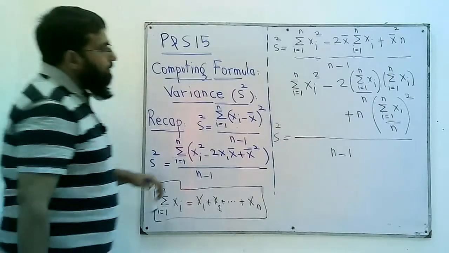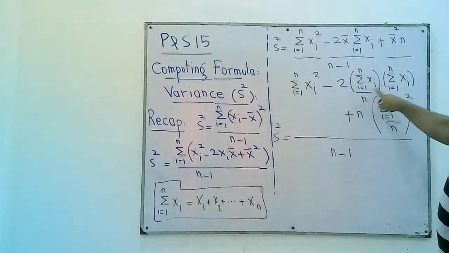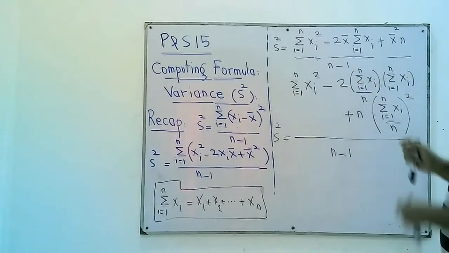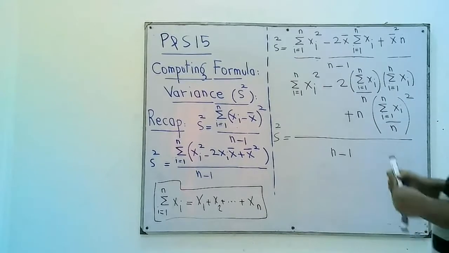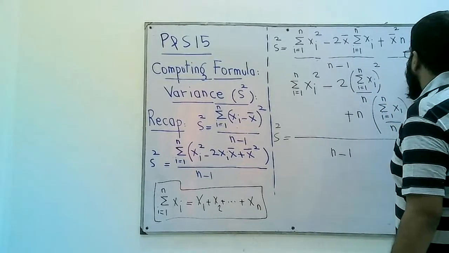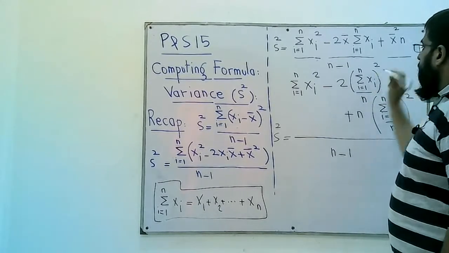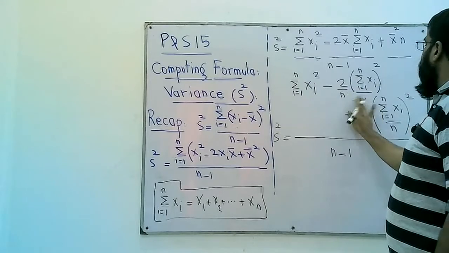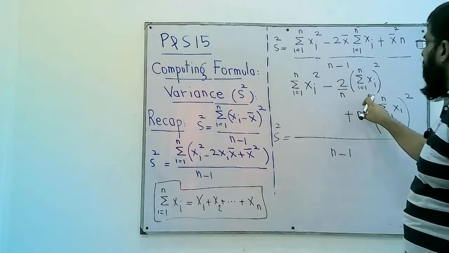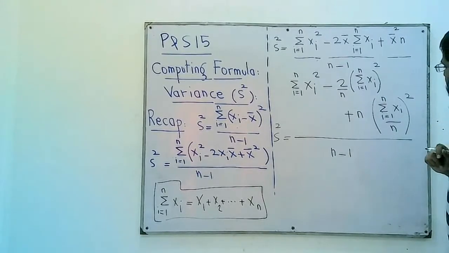Right. So what is this? Summation xi and summation xi are the same and they are being multiplied together, so we can replace them with a square. This is 2 over n. It's the same thing whether you write n here or here.